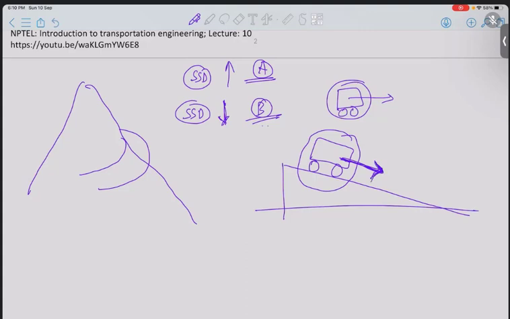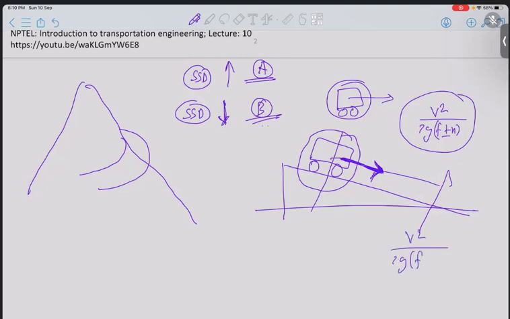So it is going to take more distance for your car to stop after applying brakes. So your braking distance, that is v square by 2g into f plus minus n, is going to increase, and that's why we have this plus minus. So when you have a downgrade, you subtract that particular gradient from this f value and get the increased. So the denominator decreases, the braking distance increases. Is that clear?